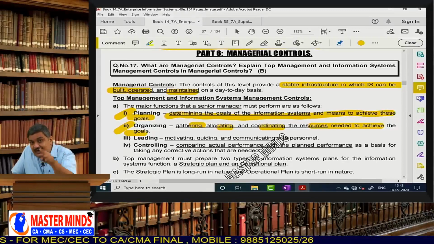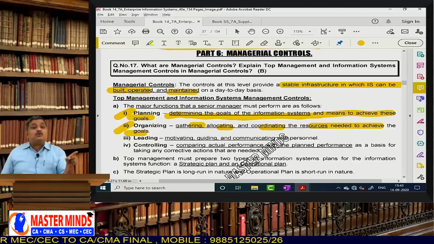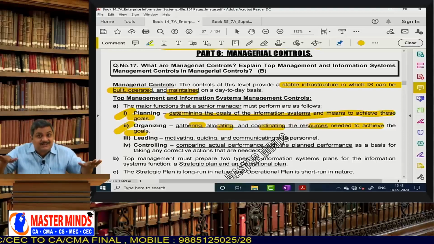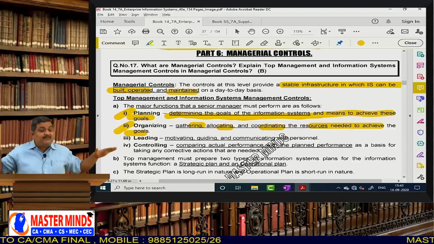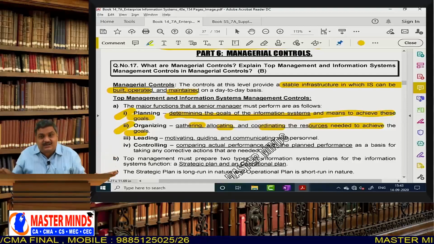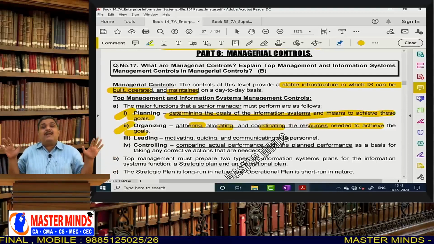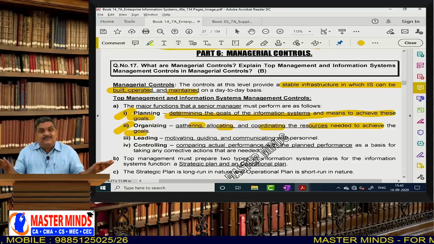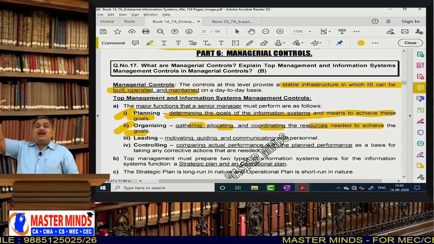Information system is different. You have computers only for transaction purposes. Whatever computers you have right now in your organization, they are helpful only for making the transactions, but not for giving reports to the top level management.